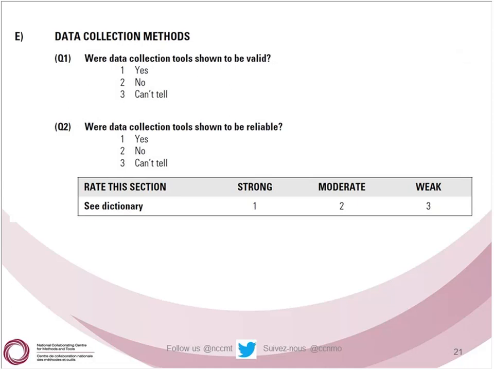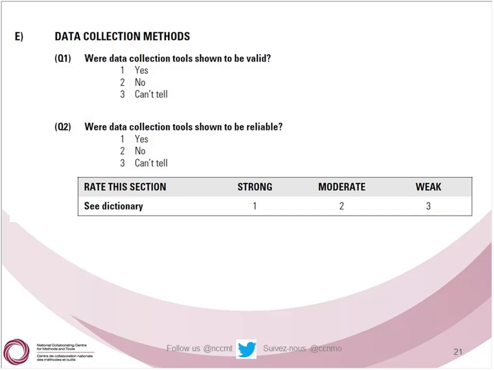But one of the things to be looking for here is what the researchers have told us in the published paper about how they ensured that the tool was collecting what it's meant to be collecting. And has it been tested? If it has been tested for validity, what are the findings of that?